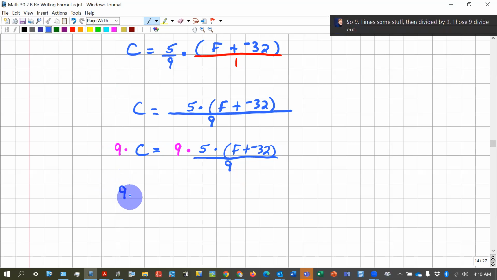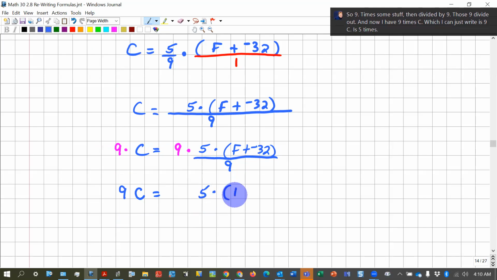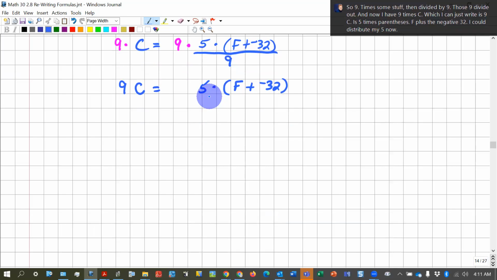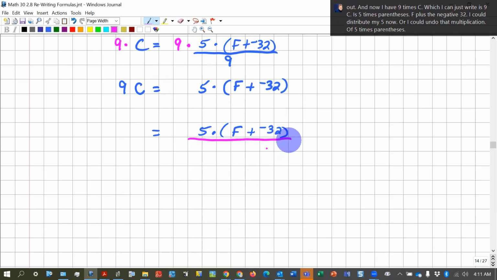And now I have 9 times C, which I can just write as 9C, is 5 times parentheses, F plus the negative 32. I could distribute my 5 now, or I could undo that multiplication of 5 times parentheses. I could divide both sides by positive 5.